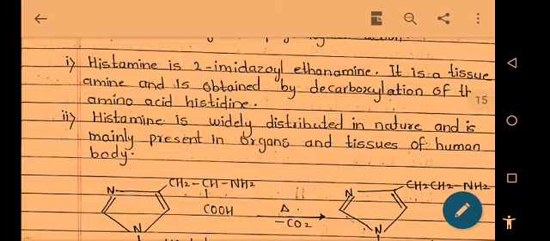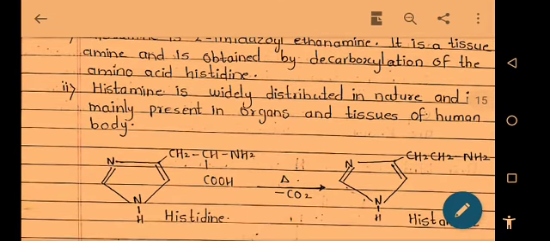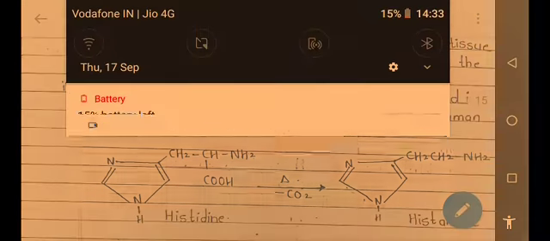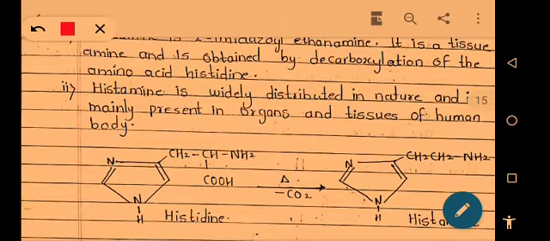Histidine has a 5-membered ring. In that ring, 2 nitrogen atoms are present. That 5-membered ring is attached with the basic amino acid group, that is CH2CH NH2COOH. These two groups, NH2 and COOH, are the most important, an inherent part of any amino acid.